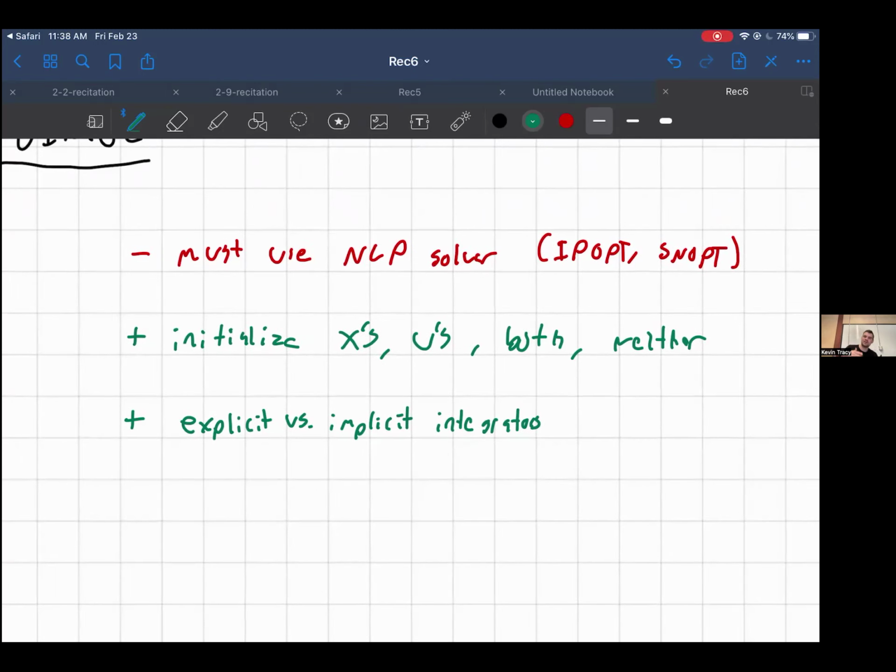Now, normally when I do a normal simulation like we did in homework 1, whether we're using an explicit or an implicit integrator really changes how difficult it is to implement. If it's an explicit integrator, I'm just taking steps and moving on. But if it's an implicit integrator, I'm using Newton's method to solve for every new step. So simulating with an implicit integrator is a little more involved than with an explicit one. But for trajopt, it just doesn't matter, right? Because either way, it looks at it as a big constraint.